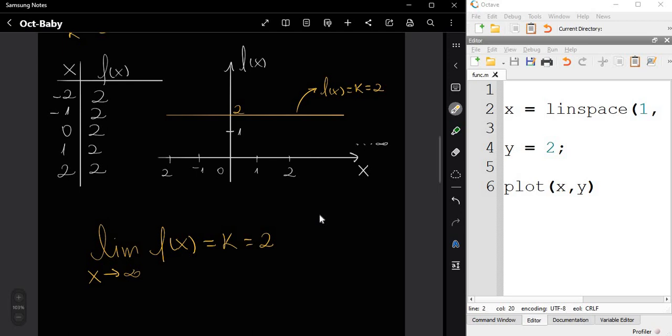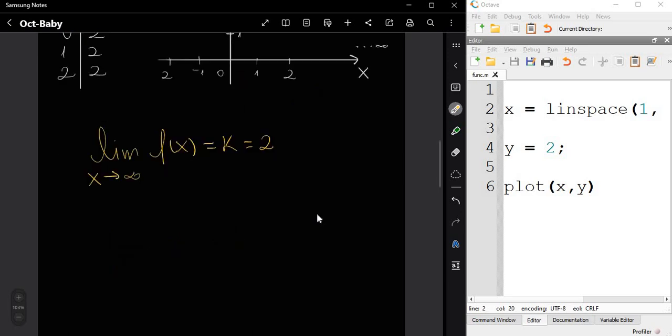So this fixed income, we can adapt to a real-world problem.